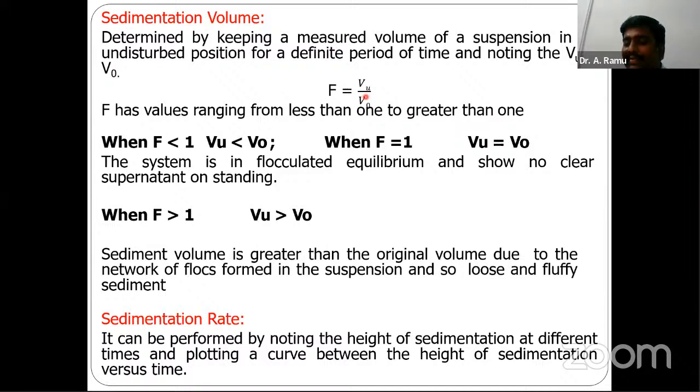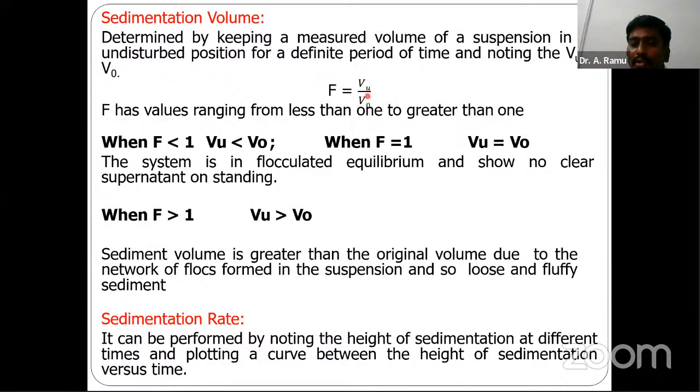Let us take a 150 ml measuring cylinder. Place 100 ml of the suspension in that measuring cylinder and note the sedimentation volume after leaving the suspension for 24 hours. Place the volume of sediment after 24 hours in the numerator and the original volume of the suspension, that is 100, in the denominator. You will get the sedimentation volume.